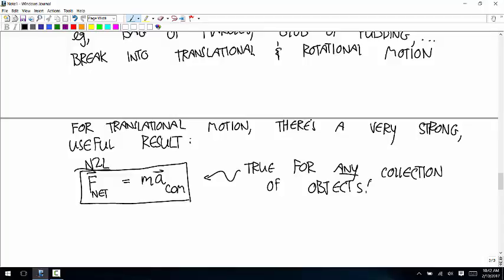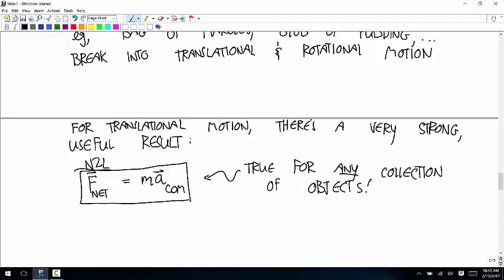But this result says that no matter what that collection of particles that makes up my body does, you can calculate the acceleration of the center of mass by just figuring out the total forces applied externally. It seems sort of wacky, right?